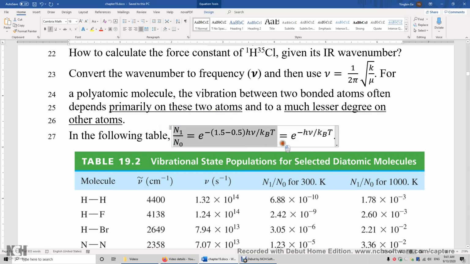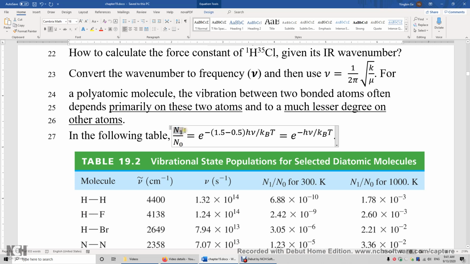Furthermore, we can do a quantitative analysis. So N1 over N0 is the population in the first excited state over the number of molecules in the ground state. Or you may say, well, over here, the quantum number n is 0. The molecules have 1/2 h nu vibrational energy.